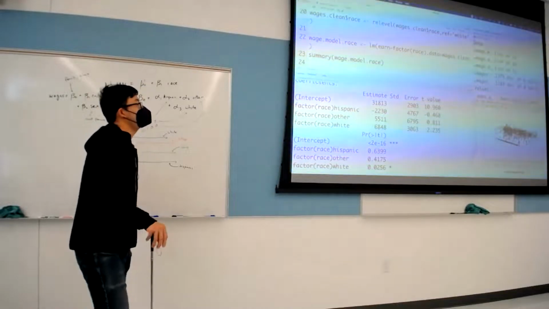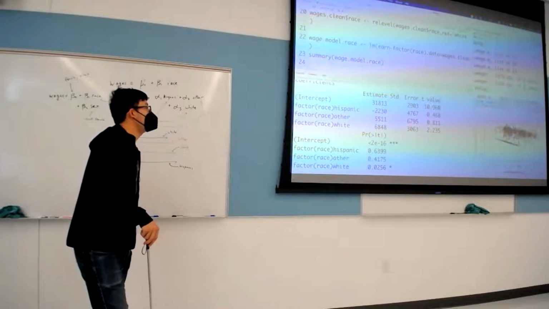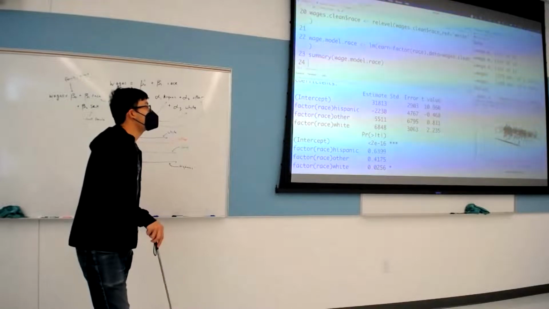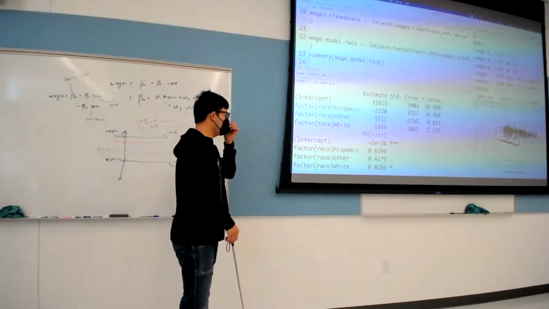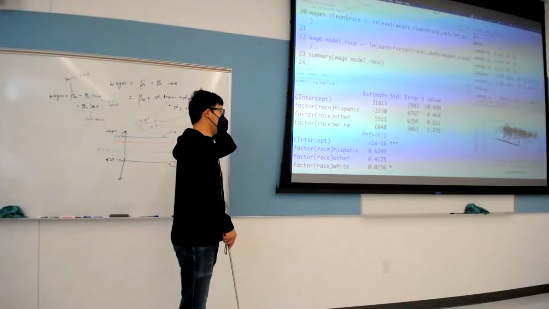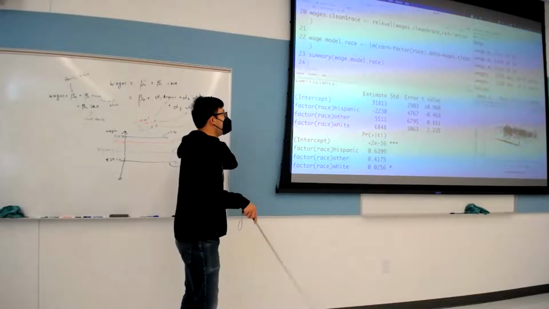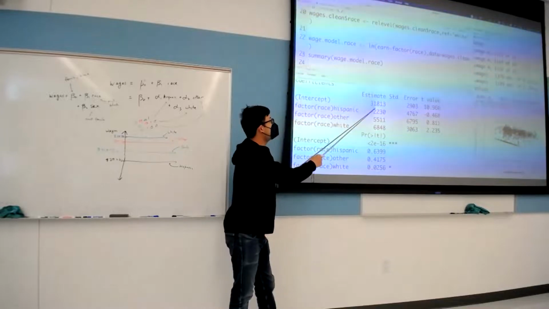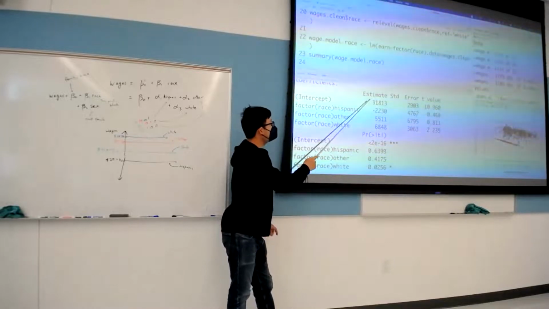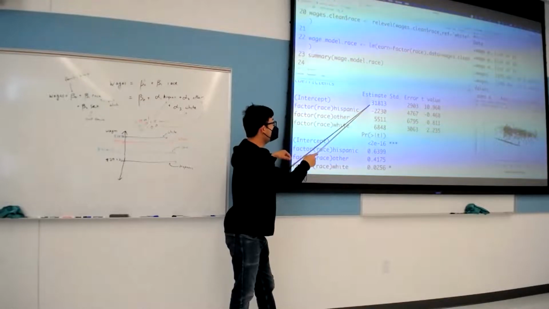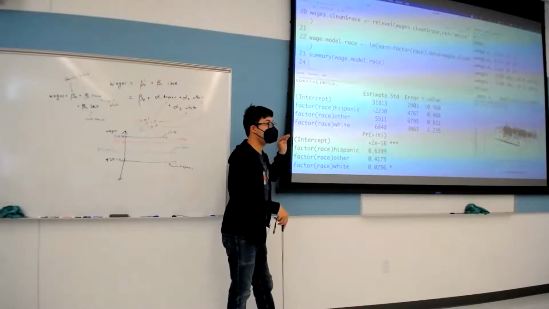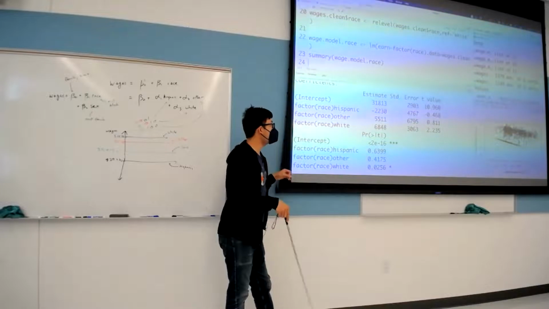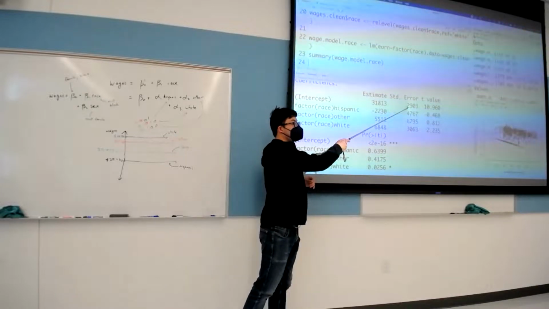Okay, so this part is a little bit tricky, but if you think about the way that we've been interpreting this, hopefully you'll get a good grasp of what's going on here. So forget about everything else here. Let's just look at the intercept. For people who are Black, there's this estimate that your average annual income is about $32,000 a year with a standard error of about $3,000.